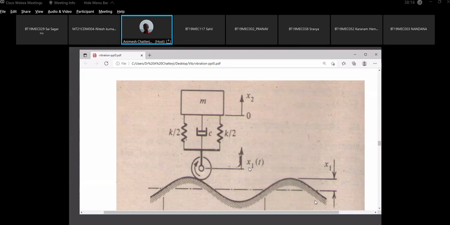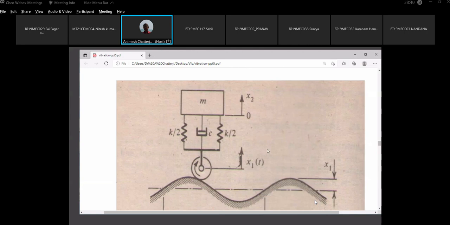In motion transmissibility, we compare transmitted motion with disturbance motion. So if amplitude of transmitted motion is capital X2 and amplitude of disturbance motion is capital X1, then the ratio of capital X2 by capital X1 is motion transmissibility.